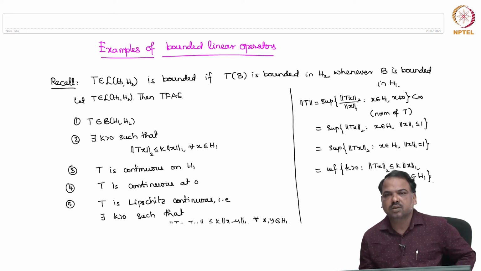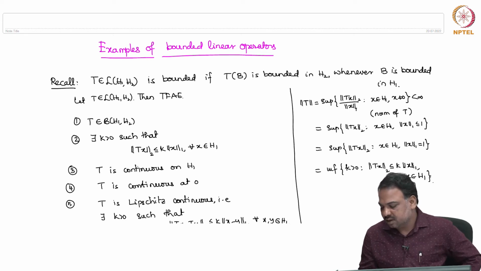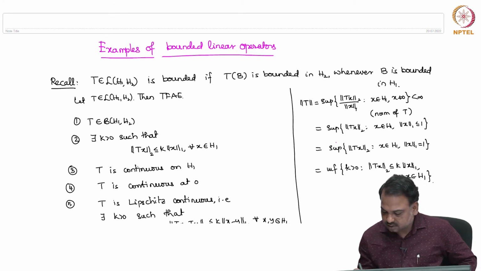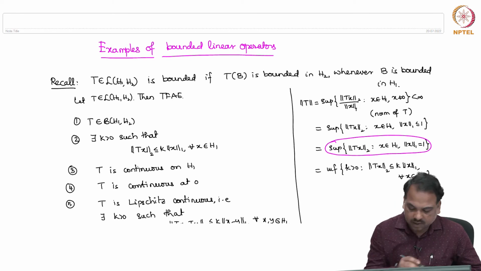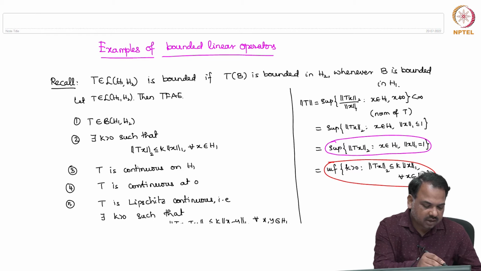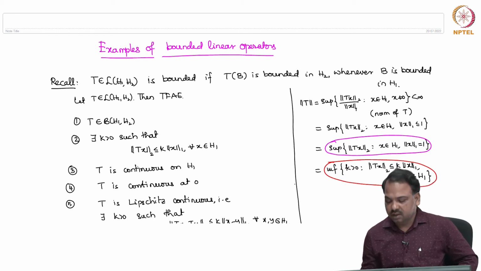So we have shown these different formulas give the same quantity called the norm of the operator. Most of the time we will be using the third condition, and we explained in the last class that the fourth condition gives a geometric interpretation.